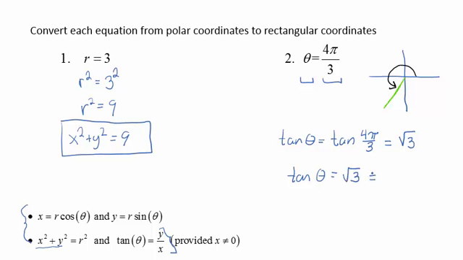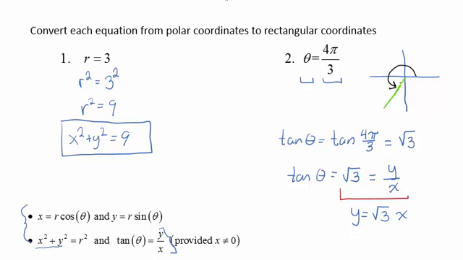But we also know that the tangent of theta can be written as y divided by x. So from these two portions here, root 3 is y over x. Multiply both sides by x, and we have y is equal to square root of 3 x. Note that this is a straight line with slope of root 3.